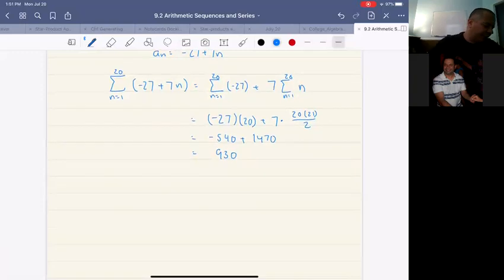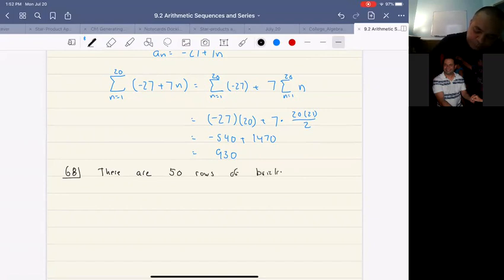Let's try another. Well, actually, we're going to do a problem with an application. So bricklaying. This is number 68. Okay, there are bricks in a driveway. And there are 50 rows of them. So there are 50 rows of bricks in a driveway.